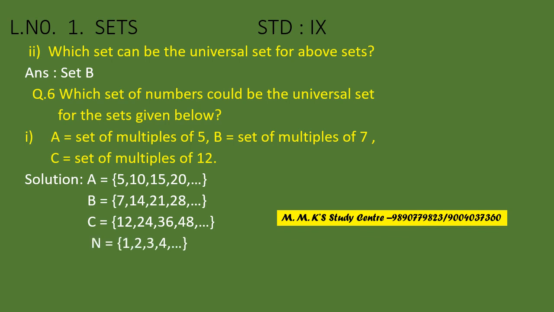Then if we talk about whole numbers, starting from 0, if we count in that also, all these numbers will come. One more is there, that is integers, having plus and minus all the numbers. So in that also the table of 5, table of 7, table of 12 will come.